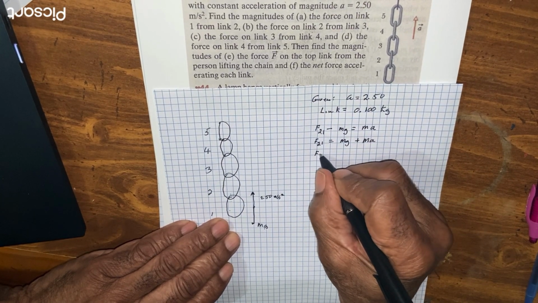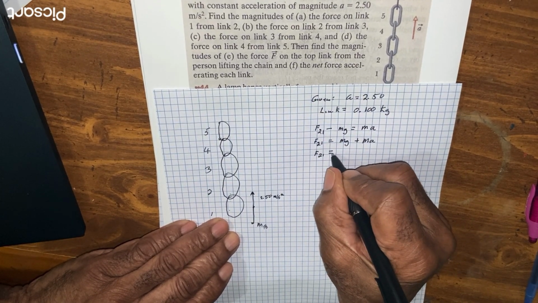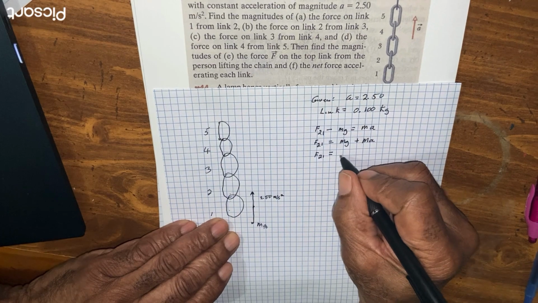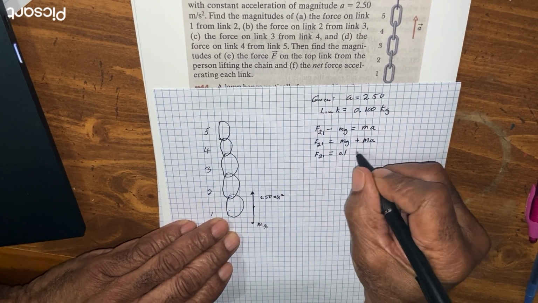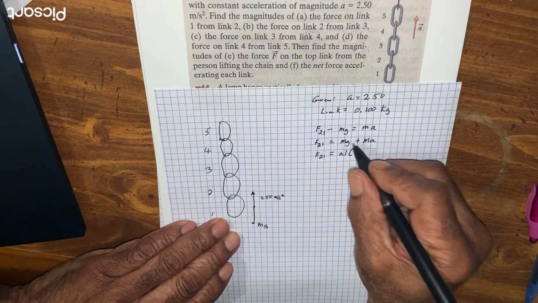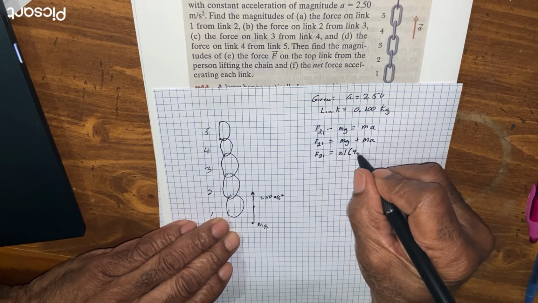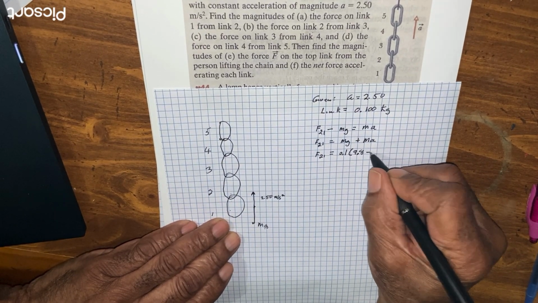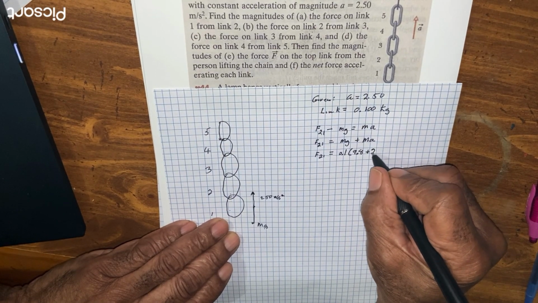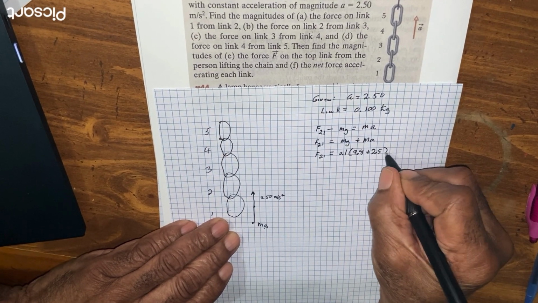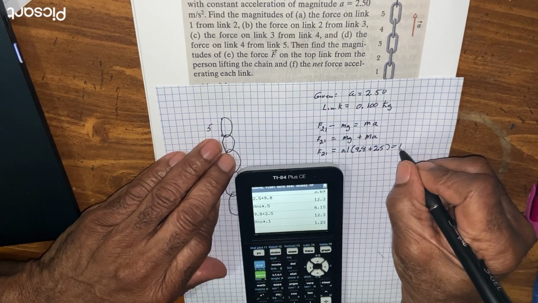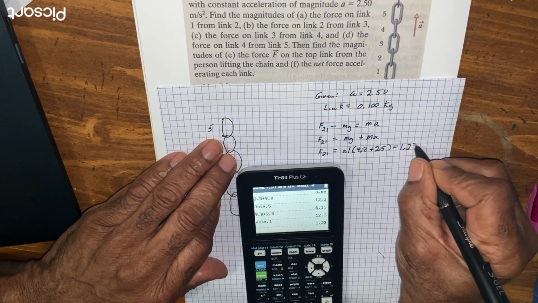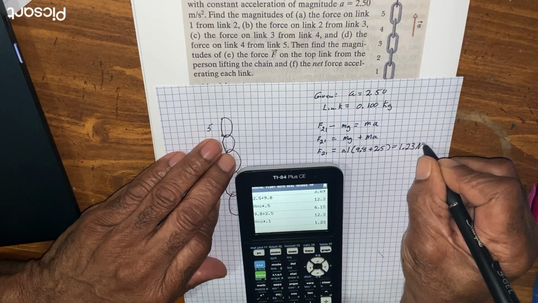F2 is equal to m, which is 0.1, times 9.8 plus 2.5, and that's going to equal 1.23 newtons.